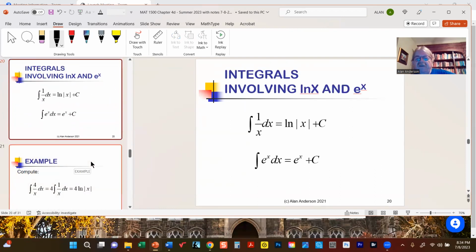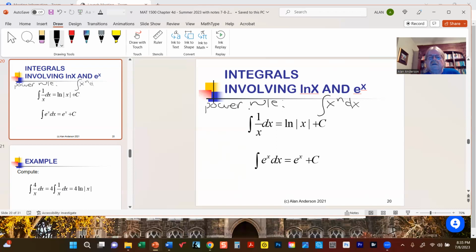All right, now we're ready for some more complicated ones. This is the case that I told you about earlier. The power rule, remember, applies for every case except an exponent of -1. So a quick reminder. Now this is that case, because this is actually the integral of x to the -1 power.